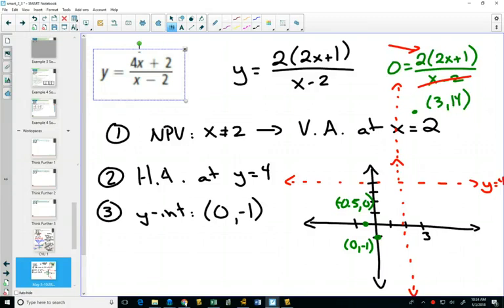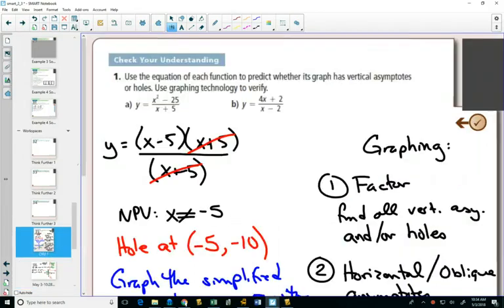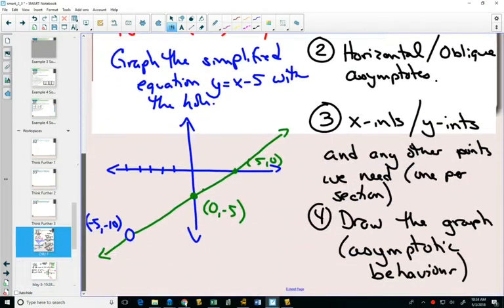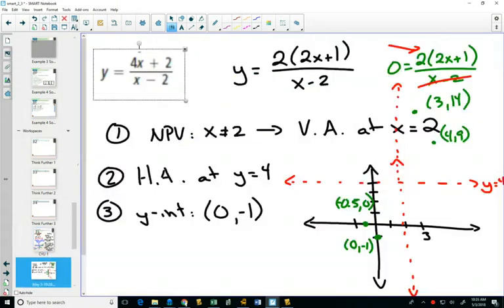You could, if you wanted to, find more points. What happens if I plug in 4? I get 18 divided by 2, which is 9. I will get (4, 9). But only one point in this section is going to be needed, because then we get to step 4, where we wrote draw the graph, and in brackets I wrote asymptotic behavior. So now you're going to find out what asymptotic behavior is.